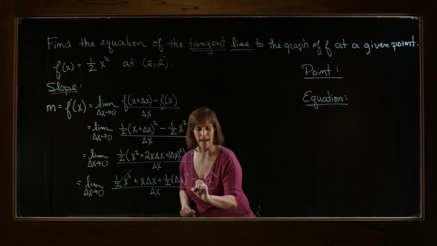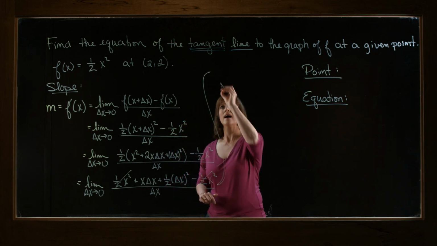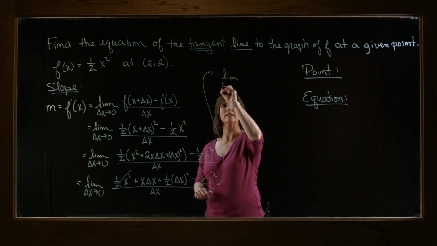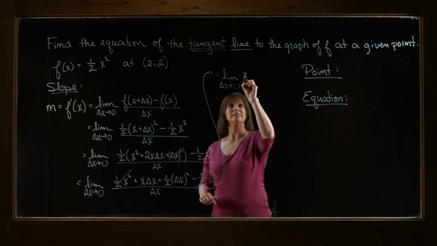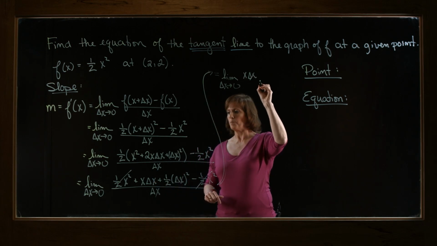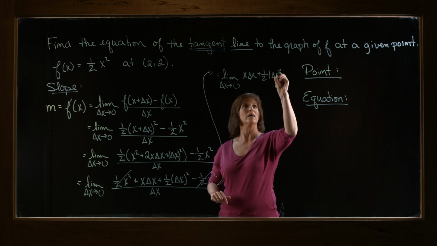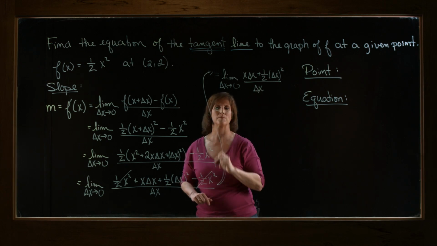So those will add together to be 0. And I can say this is the same thing as the limit as delta x approaches 0 of x delta x plus 1/2 delta x squared all over delta x.